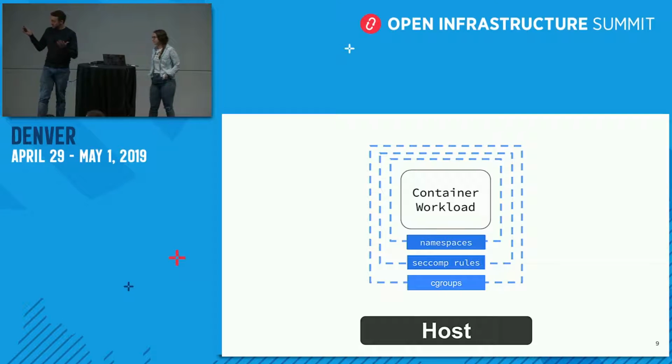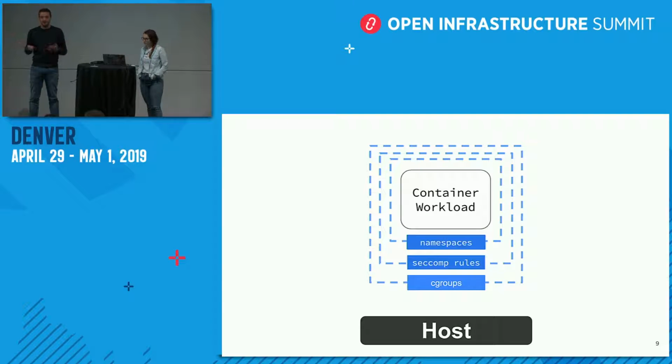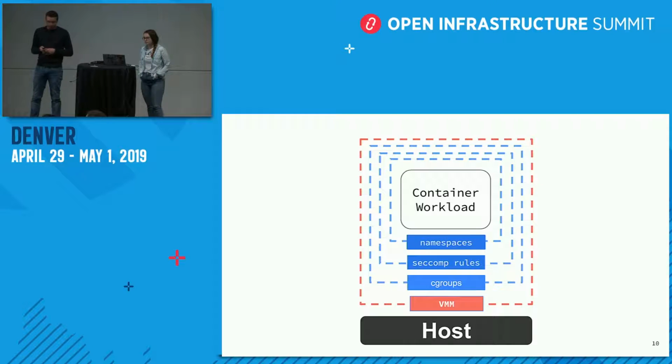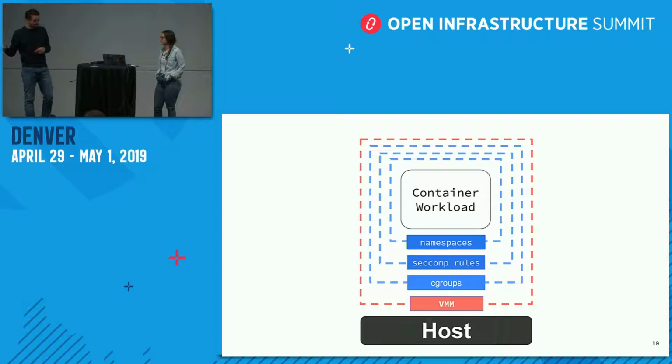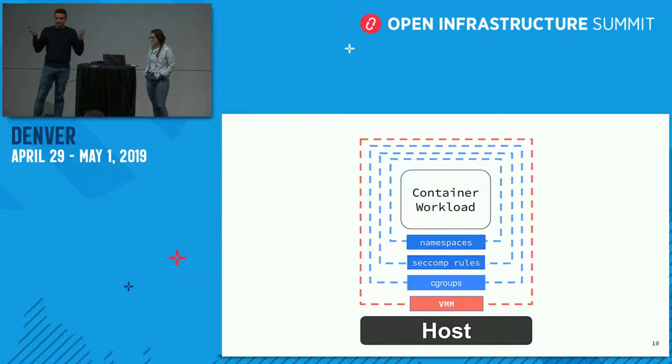So here I'm just giving an example of 3 different layers, but you can add more or less depending on the kind of isolation layer you want to build with your container infrastructure. The one that we are adding here is the hardware virtualization one. So we want to add another new isolation layer around containers, and this time it's hardware-based and no longer software-based.